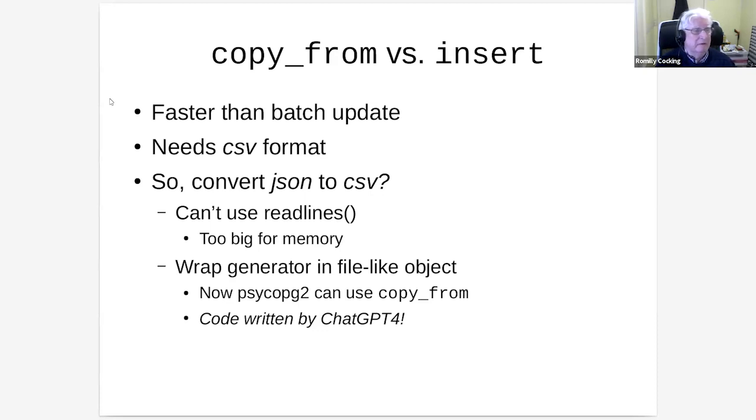So what I ended up with was creating a Python file-like object which maintained a buffer of the lines and asked for them to be converted from a generator, which read the original JSON.